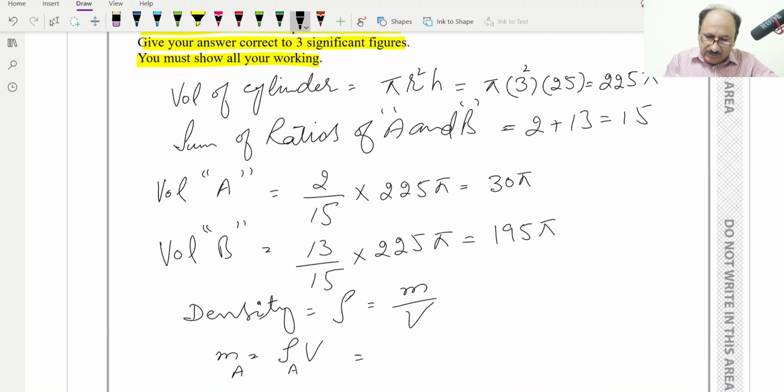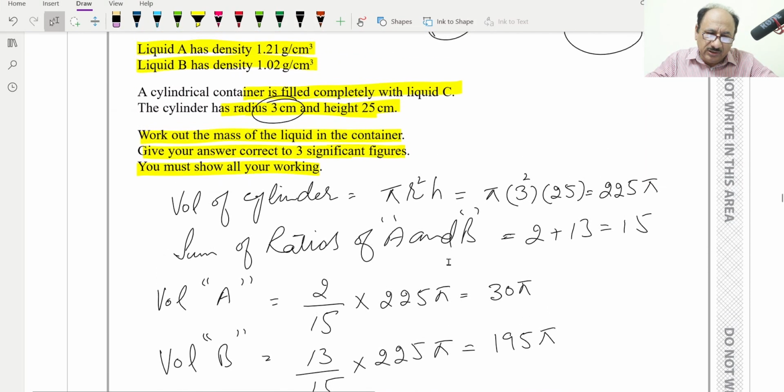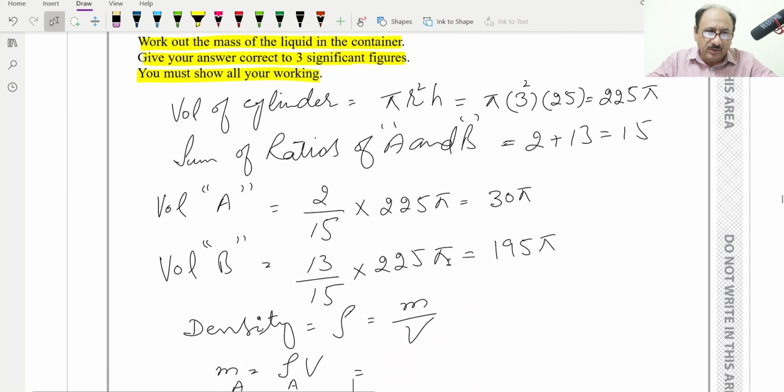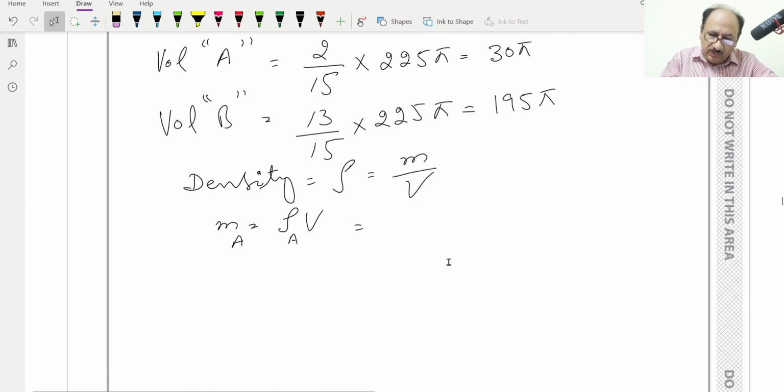So density of A is provided over here, which is 1.21. So 1.21 will be multiplied by its volume, which is 30 pi, and we will get answer.